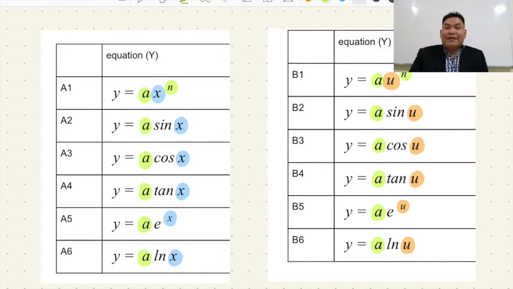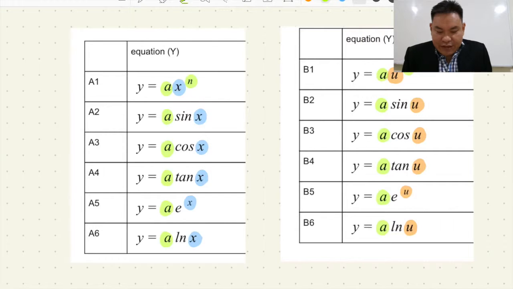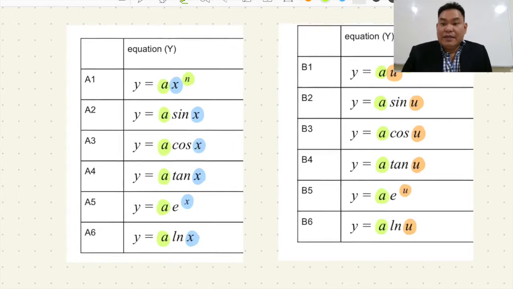So A and N are constants, they must not contain any variable x. This is comparing the equation of y for A and B.